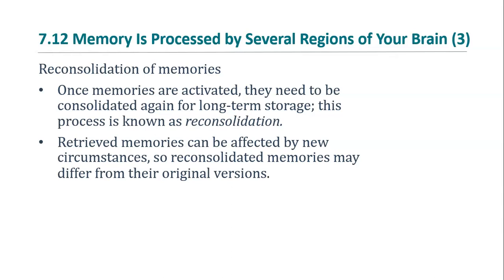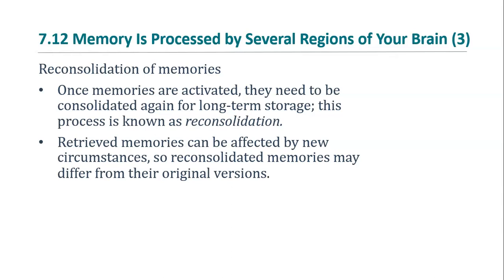Once we store information in memory, we have to get it out periodically and use it, and then we store it again. When we do that, this is called reconsolidation. Now, the process of retrieving and then restoring information actually changes the memory.